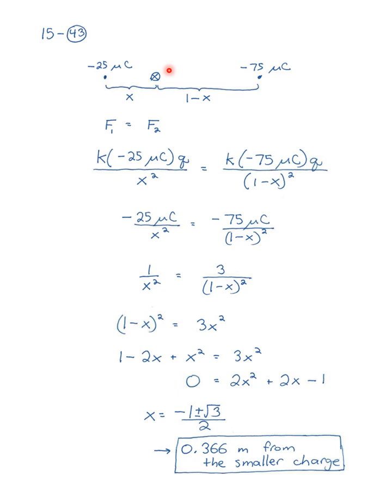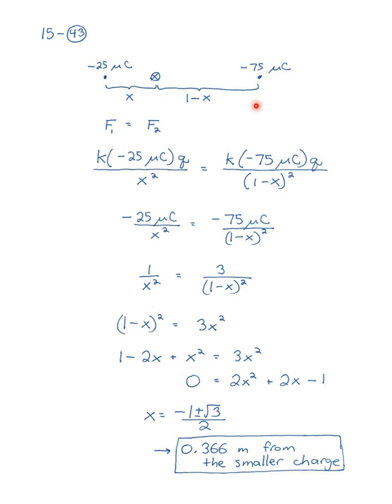We need to find the distances between them. So let's break this down to the distance from the negative 25 microcoulomb. Let's call that x. And since those two known charges are a meter apart, then the distance between our mystery position and the negative 75 microcoulombs, we'll call that 1 meter minus x, or 1 minus x, so that together these two distances add up to 1 meter.